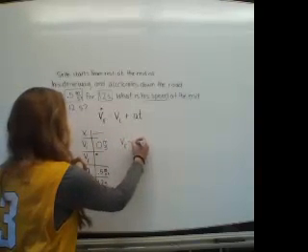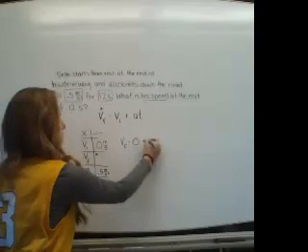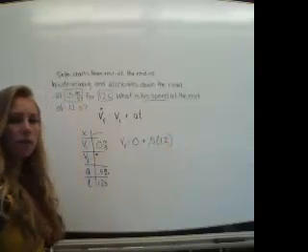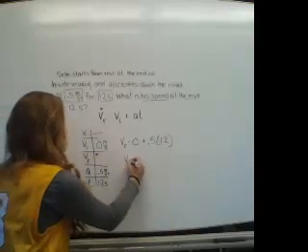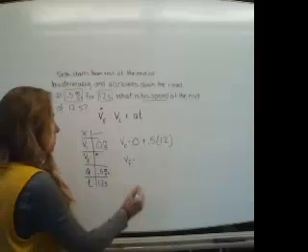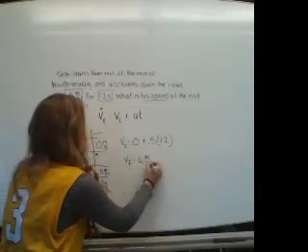Vf equals 0 plus 0.5 times 12. Using a calculator, I find that this means Seth's final velocity was 6 meters per second.